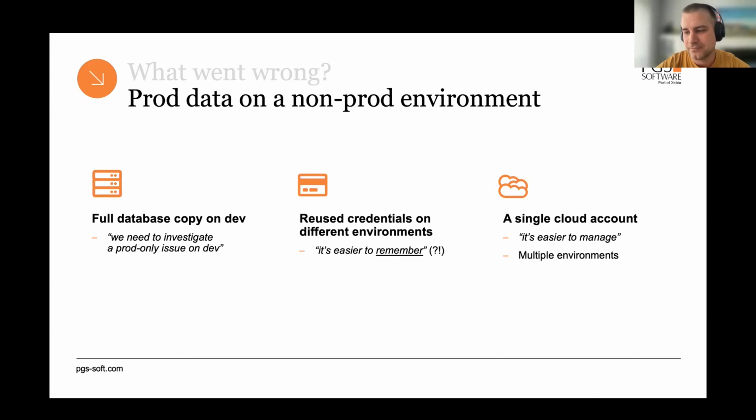It's easier for them to just have one account and everything there, but it's also easier for me to get access to production data if I'm able to access non-production credentials, which leads to the same single account. So each environment should have a different cloud account just to separate your workloads.